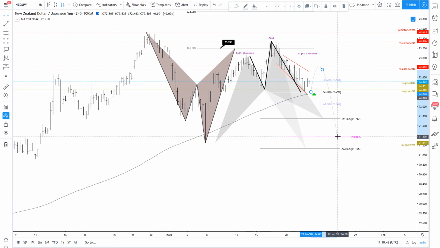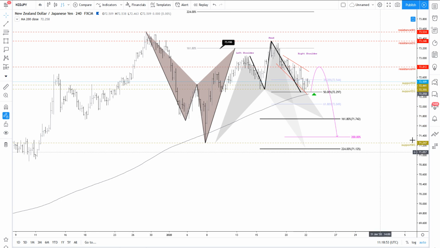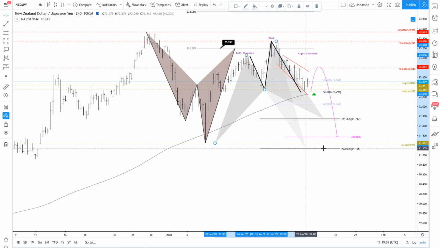The default projection for the head and shoulders approaches the weekly, projecting the price very close to the weekly fractal, with extensions, with the 224% Fibonacci extension actually just a few points below.